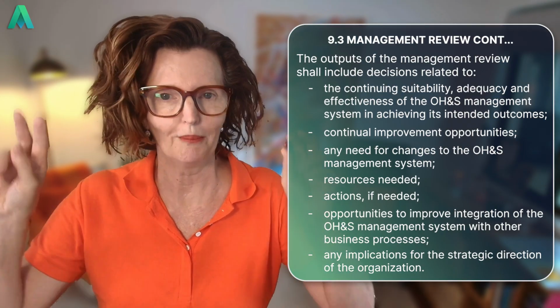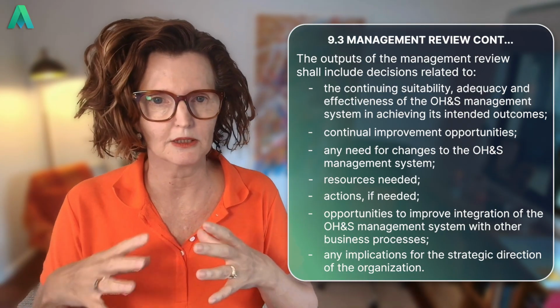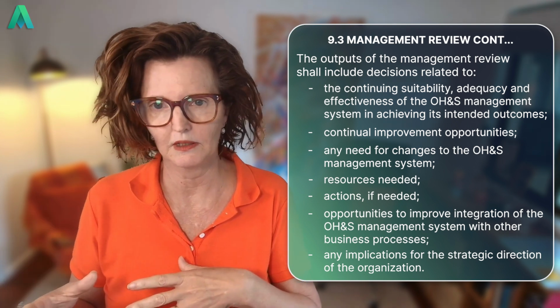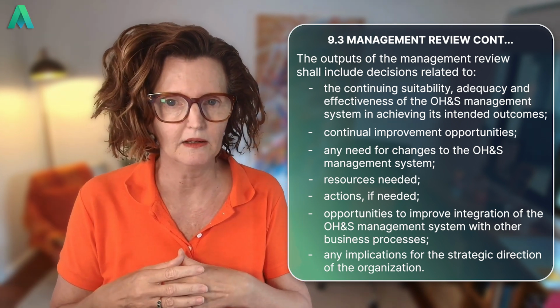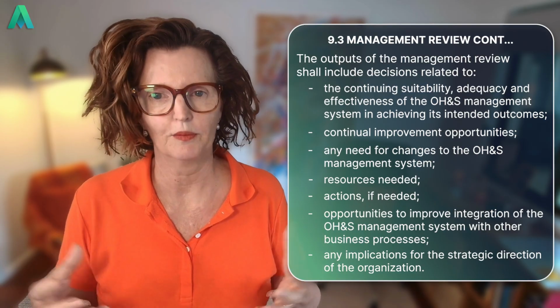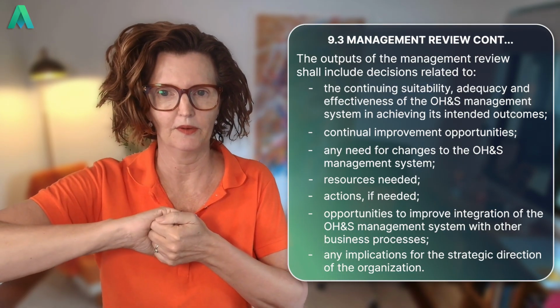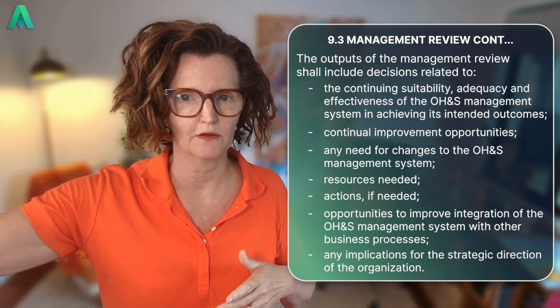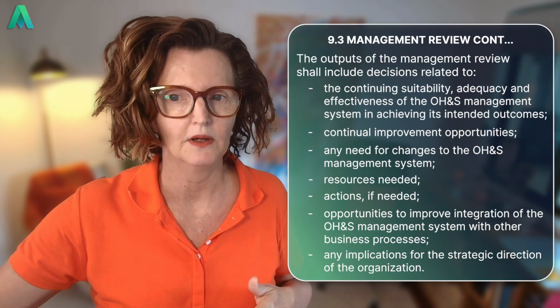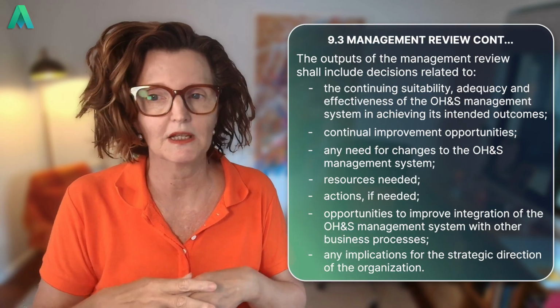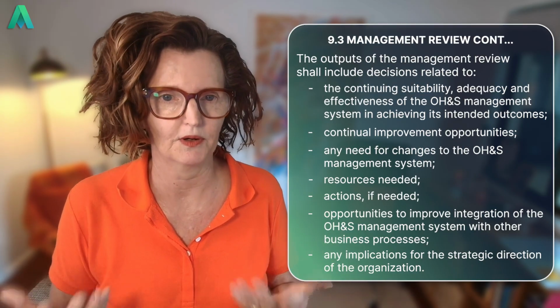So top management is here reviewing the system, seeing how well the system's doing, what the improvement opportunities are, and of course there's going to be opportunities to integrate it. So we never want your OH&S management system just sitting over in the corner working on its own. Are there better opportunities to integrate the system into our everyday business processes?